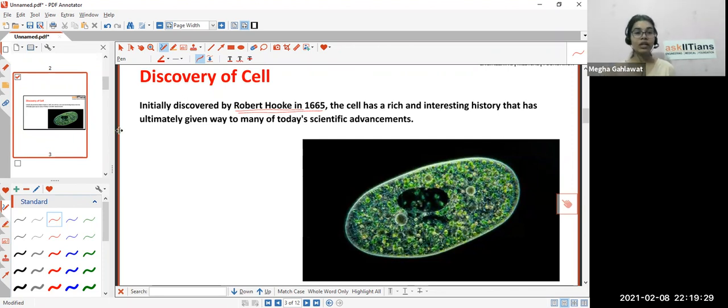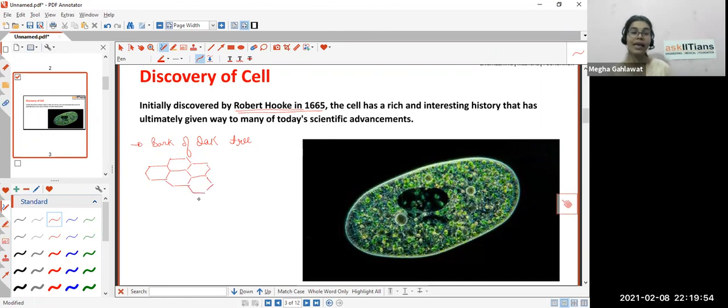And what exactly did he observe? He observed the bark of an oak tree, and what he saw were honeycomb-like structures. These are the exact structures he found under the microscope.